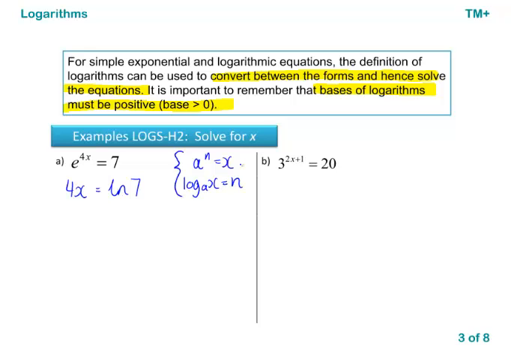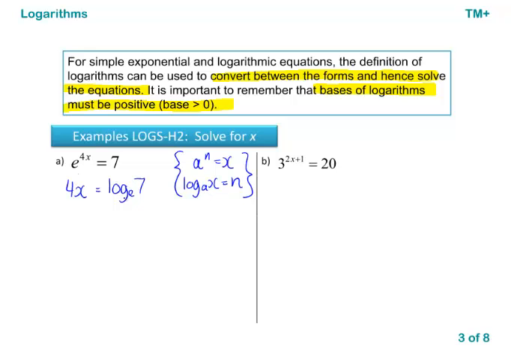So here I've got a natural log, so my base is e. I could have written this as log base e of 7. My base is staying the same, the 4x comes here, and the 7 goes with the log. That's all I've done.